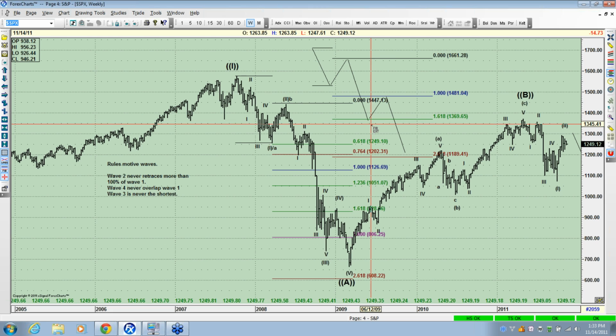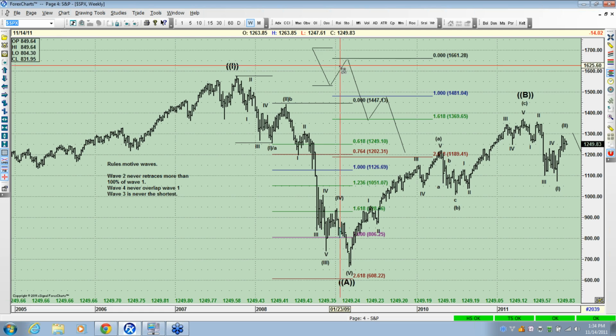That's how it works. Or wave 3 is going to end around 2.618 the distance of 1. In other words, if wave 1 travels 100 points, wave 3 is going to travel 261 points from the end of wave 2.